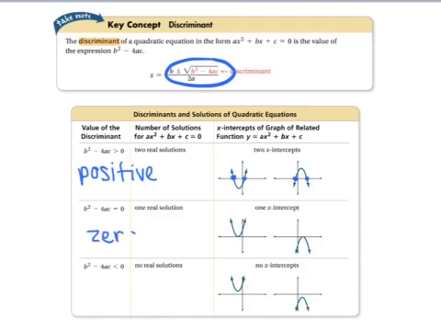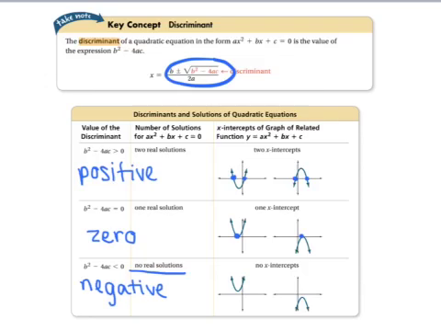Crosses the x-axis once. And if your discriminant is negative, we have a whole new situation where we have no real solutions. So that means we don't cross the x-axis at all. How would you have a negative?